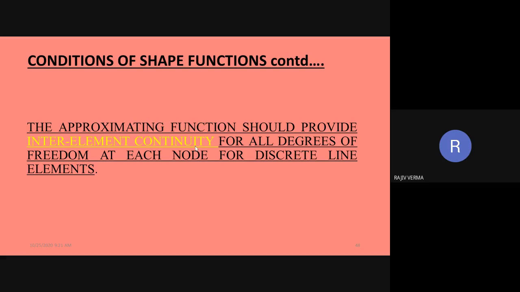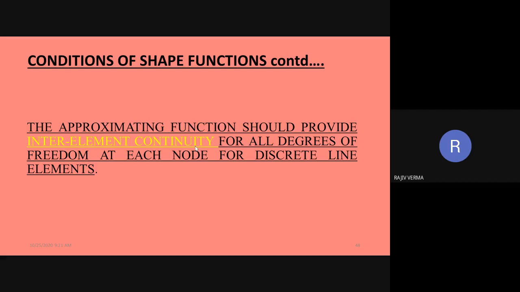The approximating function should provide inter-element continuity for all degrees of freedom at each node of discrete line elements. So in the previous point, we were talking about the continuity within the element. Now we are talking about continuity between two elements.